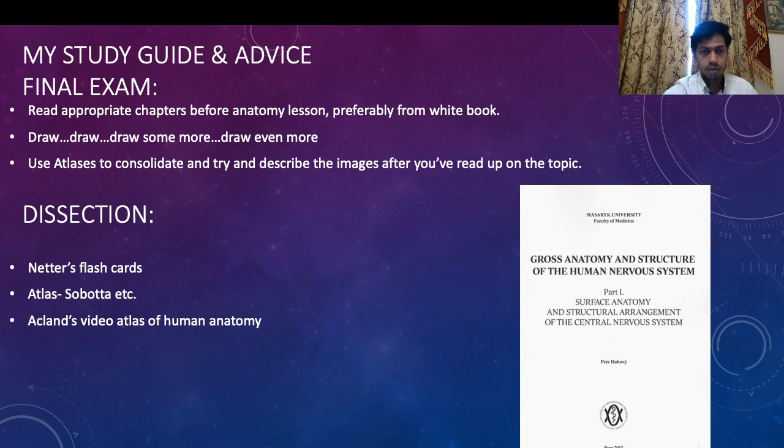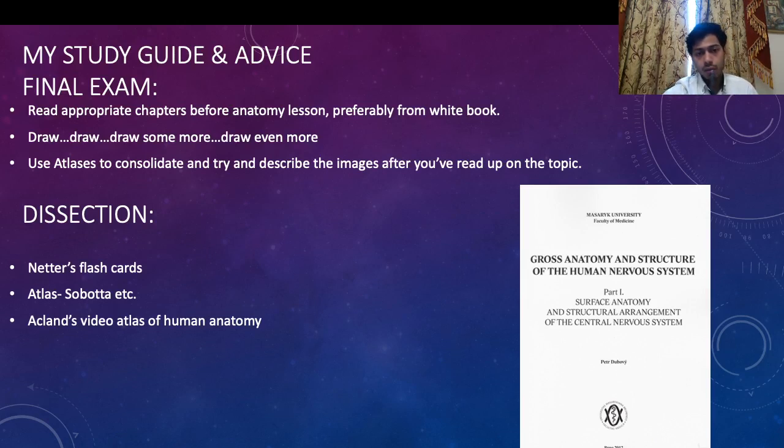Before we get to the meaty stuff, what would I advise you to study from? In terms of neuroanatomy, I would advise everyone to read, preferably from university literature, so the lectures and their own books, such as this white book on the slide here.